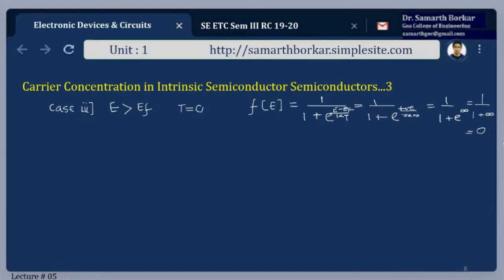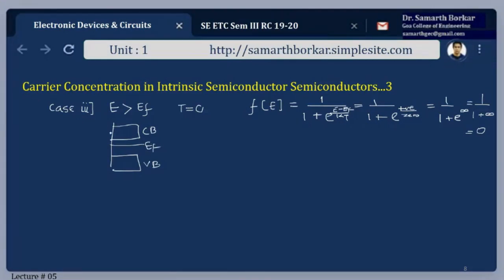Now what does it mean? Everyone has to understand this, okay? So we have a Fermi level right at the center. This we have marked as valence band. This we are marking as conduction band. Now I take randomly some energy level. These are energy levels in terms of electron volt, okay? They do not exist, and this is fictitious, for our reference.